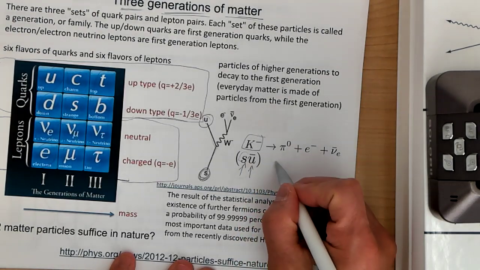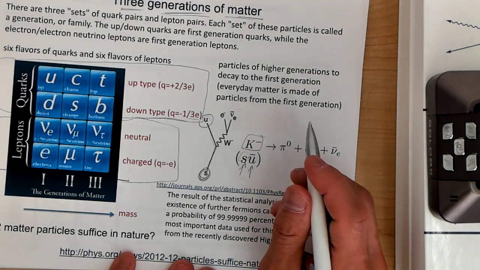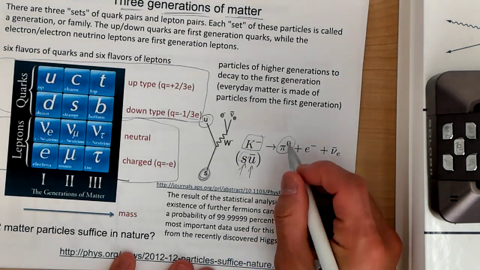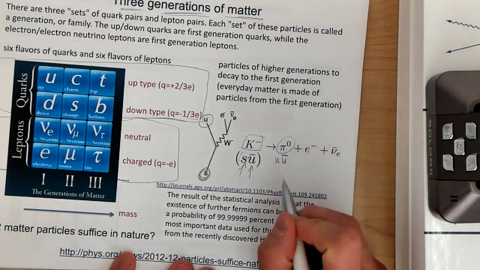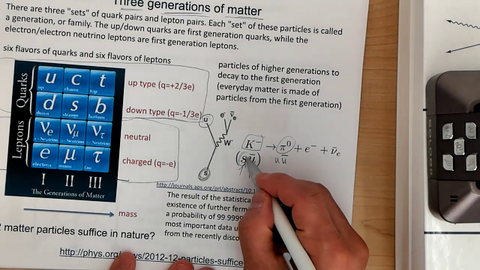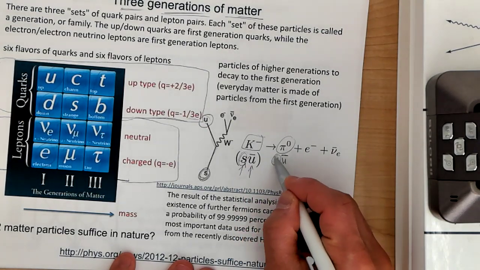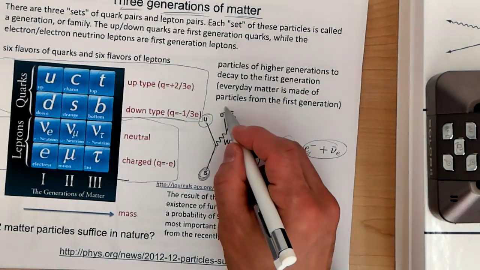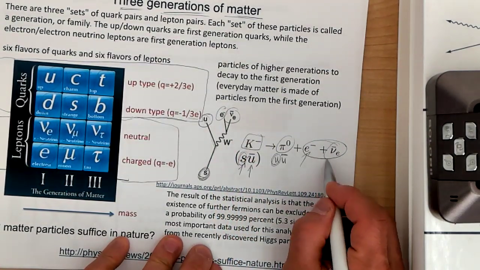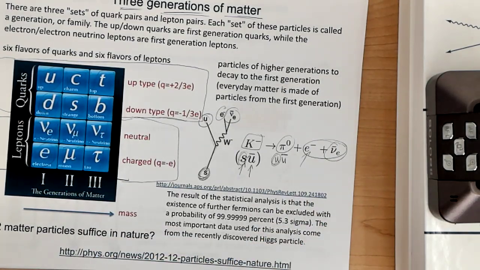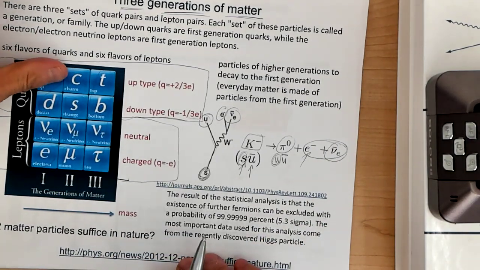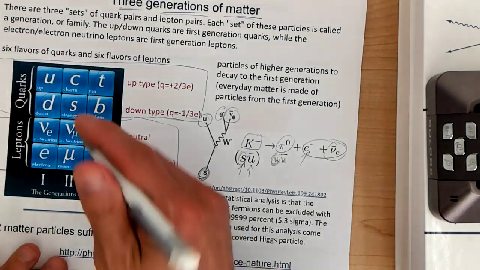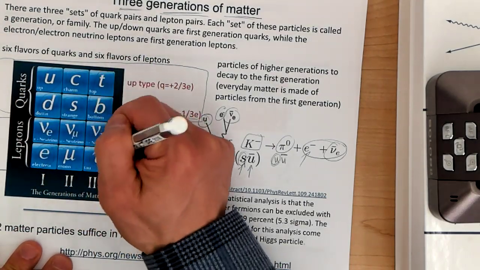This guy can decay into, so what will happen here, the pi 0 has a piece that looks like an up quark and an anti-up quark. So the strange quark can decay into an up quark and shoot off an e minus electron and an electron antineutrino.